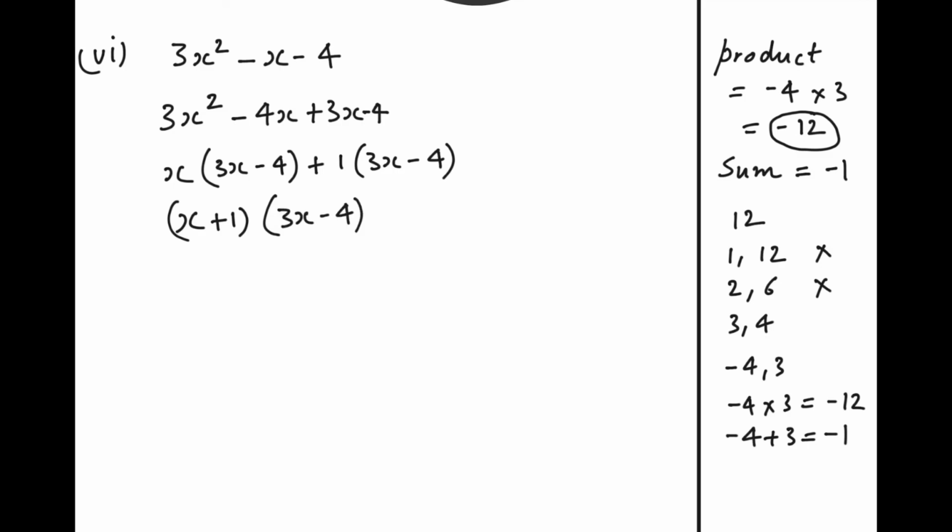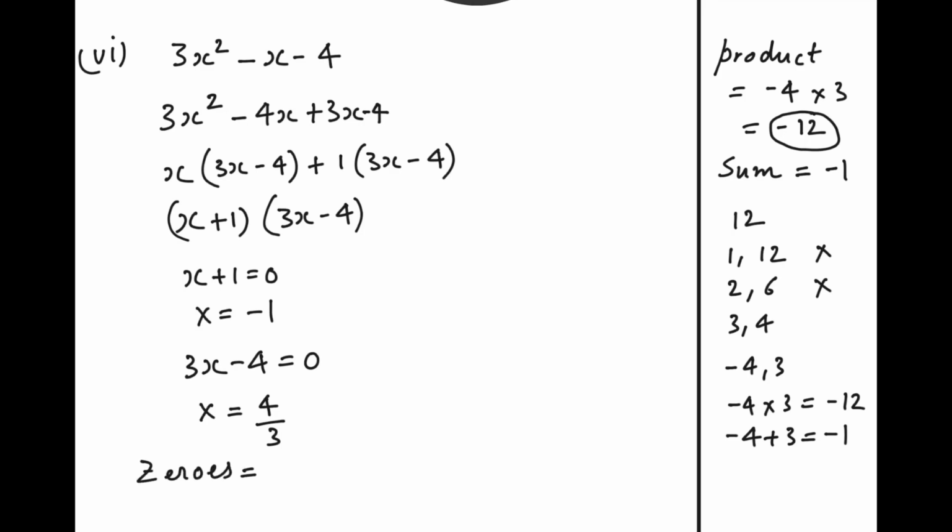Now in order to find the zeros, we would put each of these factors equal to 0. So x plus 1 equal to 0, which makes x equal to minus 1. So this is one of the zeros, and then if we put 3x minus 4 equal to 0, then this becomes x equal to 4 by 3. So this is the another zero. So now we have the zeros as minus 1 and 4 by 3.